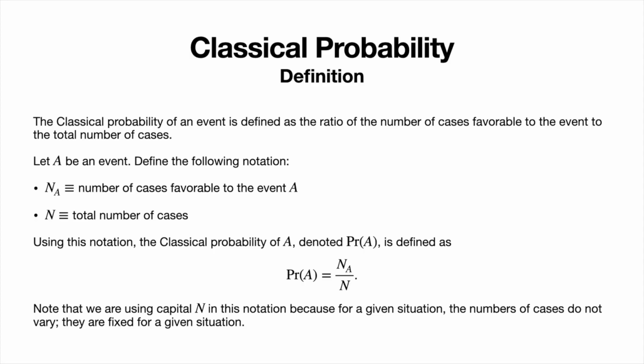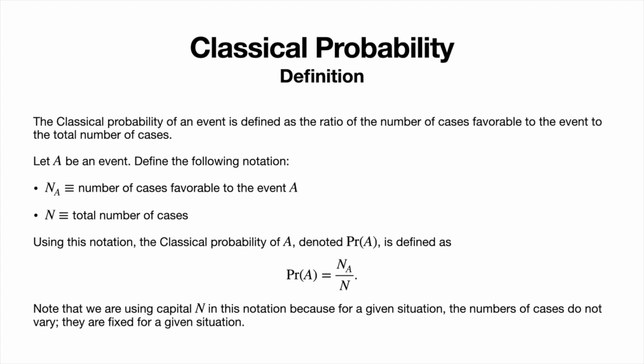Cap n sub A represents the number of cases favorable to the event A, and cap n without a subscript denotes the total number of cases. Using this notation, the classical probability of A, denoted P of A, is defined as the ratio of cap n sub A over cap n.